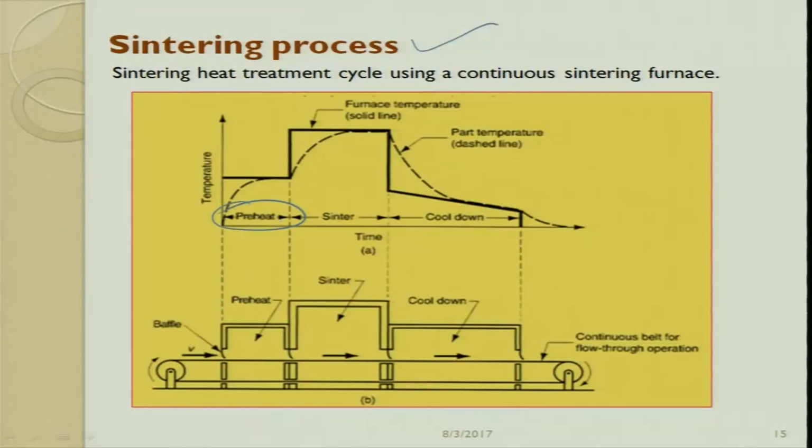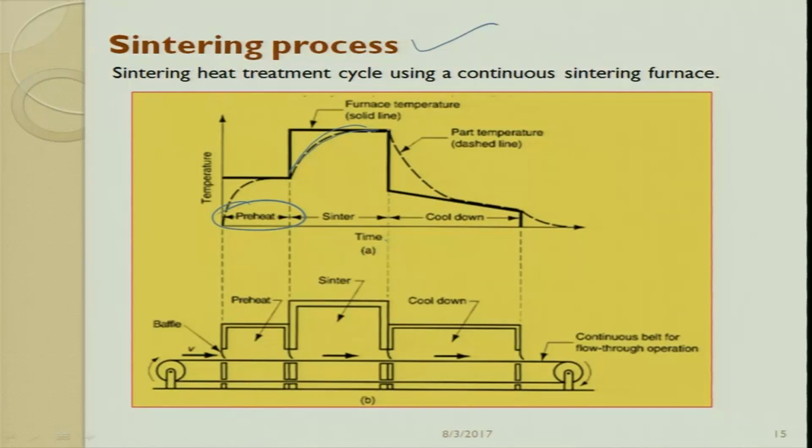Once the preheating stage is over, we start our sintering stage. In the sintering stage, we ramp up the temperature with respect to time. It is not done instantaneously, it is done slowly. We take it to a higher temperature and maintain it for some time.